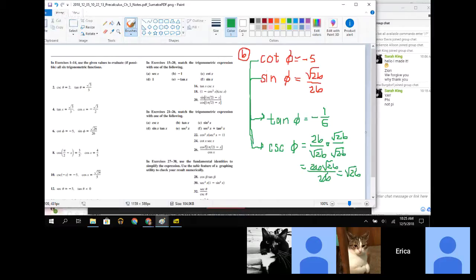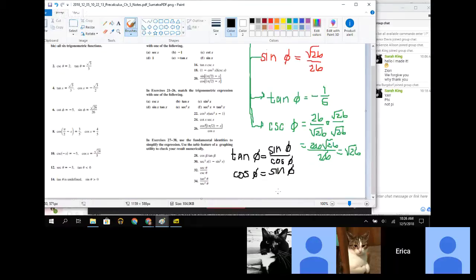Okay, so the easiest way for me to do this is I know the tangent and I know the sine, so I know that the tangent of phi equals the sine of phi over the cosine of phi. Or another way I could write this, if I did my cross multiplying, is the cosine of phi equals the sine of phi over the tangent of phi. I just swapped these.